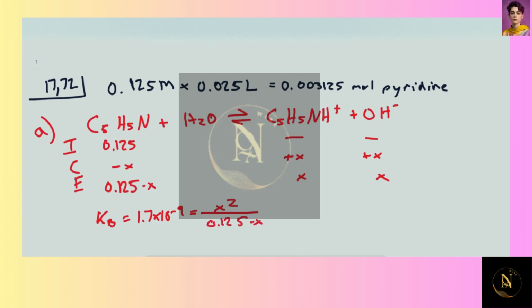We use our approximation that x is small to eliminate the minus x, and we get x is equal to 1.46 times 10 to the minus 5, and that's the concentration of OH, so we can calculate pOH as being equal to 4.84, and pH as being equal to 9.16 by subtracting 4.84 from 14.